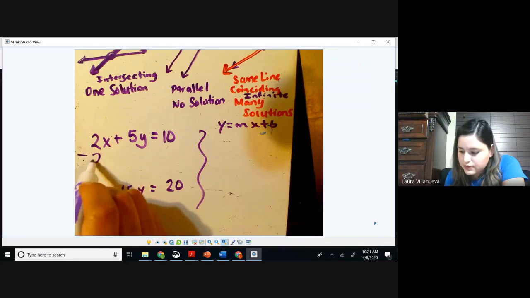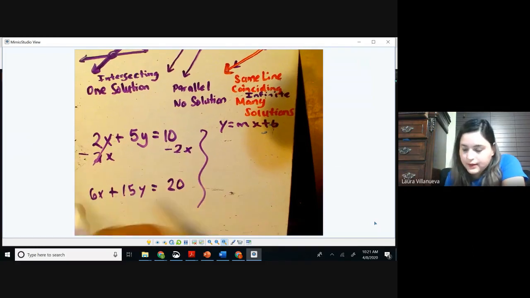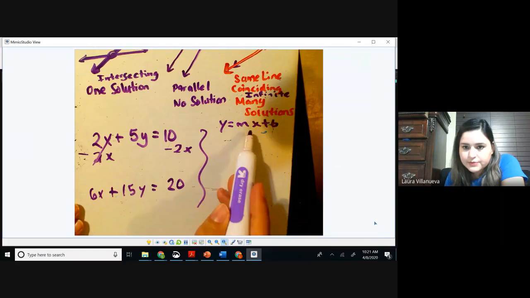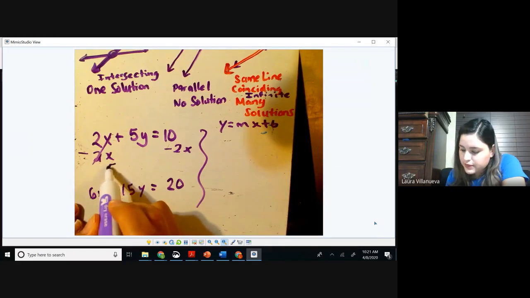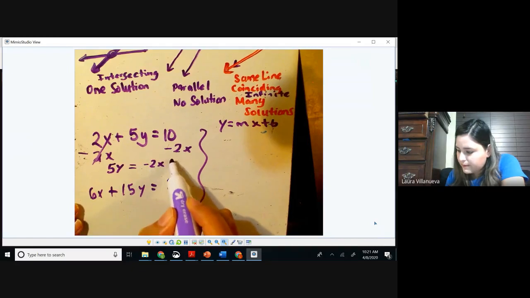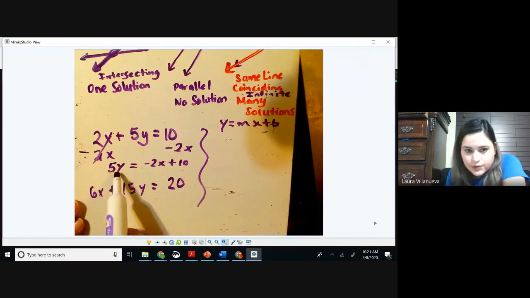So minus 2x, minus 2x. I'm not going to combine these. I'm going to leave them next to each other, but put them in mx plus b. So then I have 5y equals negative 2x plus 10. Then I want to leave the y by itself.